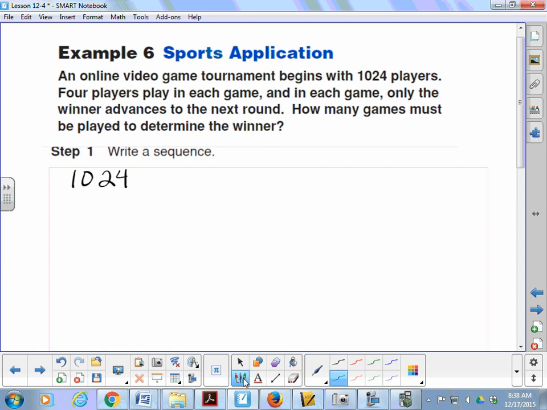What's the other key number? There are 4 players in each game. So we have 1,024 players total, and 4 players per game.